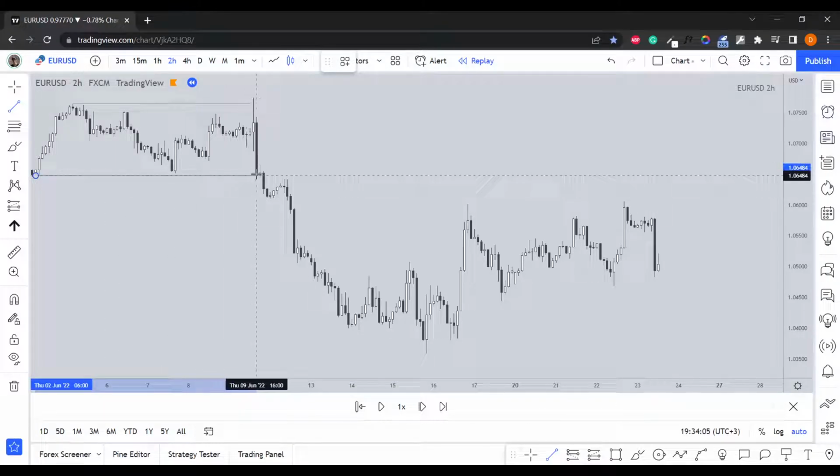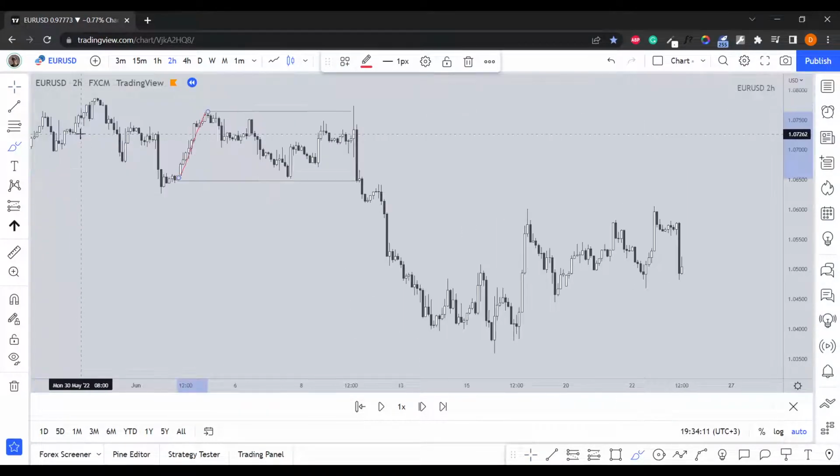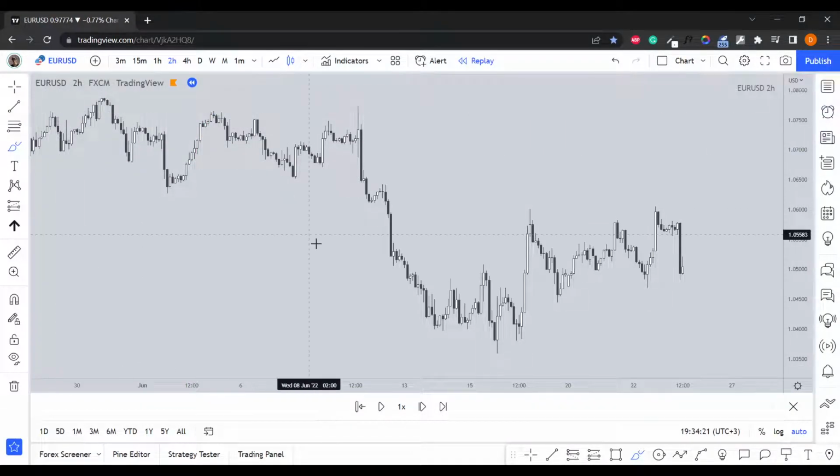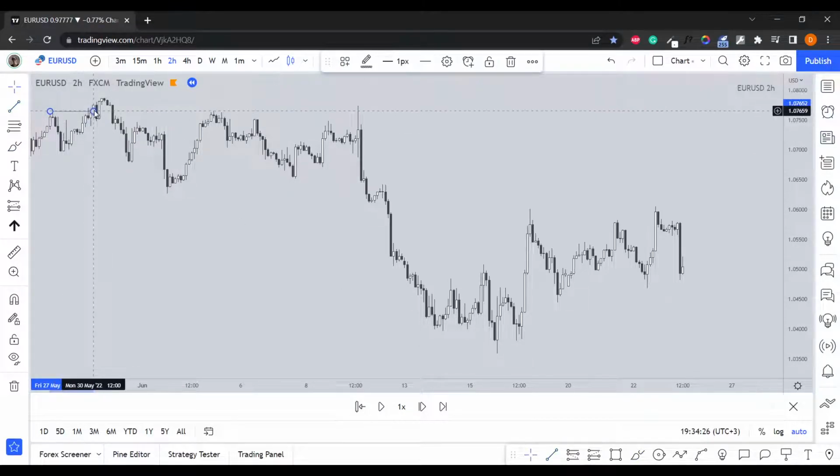So on this chart, what we have? We have this up move. So let's check. Yeah, so we can start from even further away. And let's consider this as our high, okay, and this as our low of our bullish push, okay.